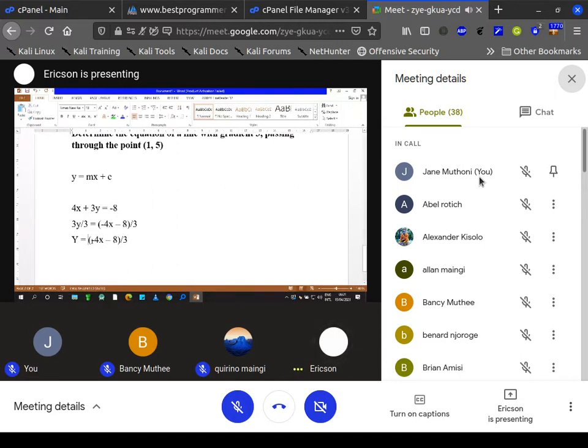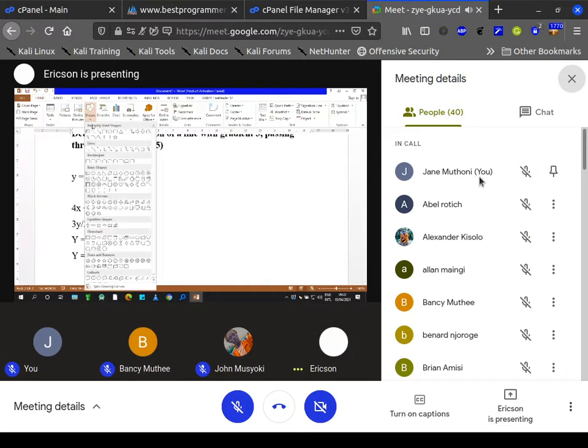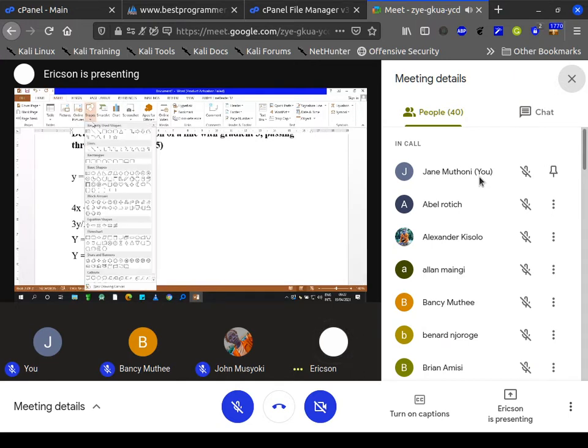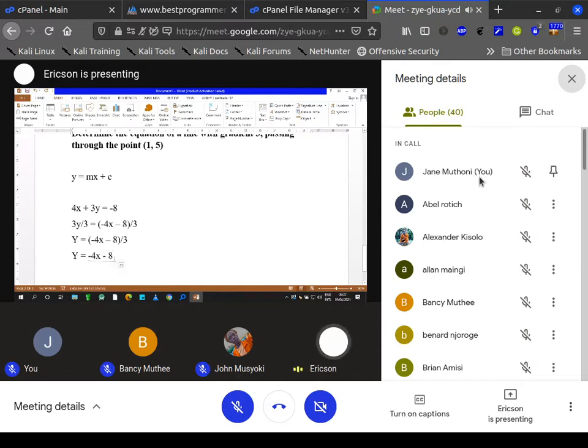But when this equation is in this form, the mx plus c part will not really go well with this. What I'm telling you, you have negative 4x minus 8, and here we said we divide both.